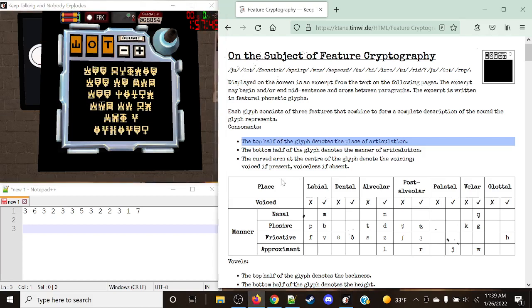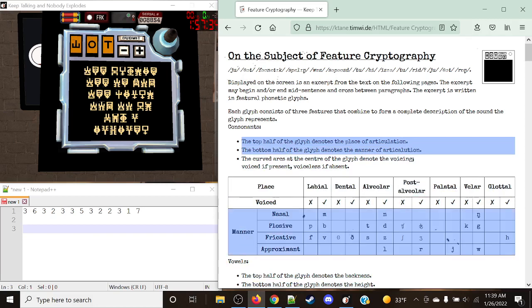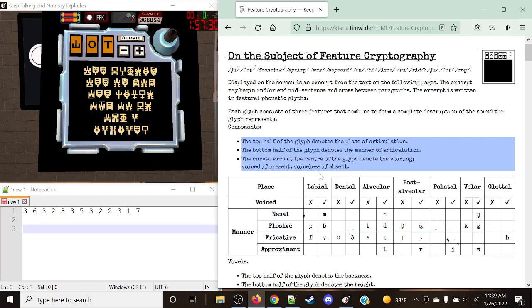Now, the top half of the glyph denotes the place of articulation, all of these guys up in the column here. The bottom half of the glyph denotes the manner of articulation. And the curved arcs at the center of the glyph denote the voicing: it's voiced if present, and voiceless if absent.